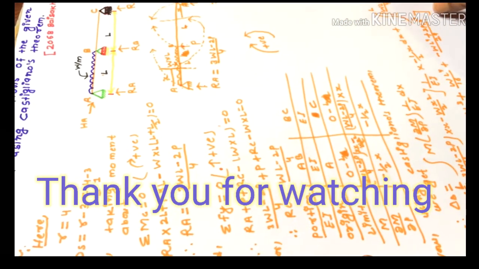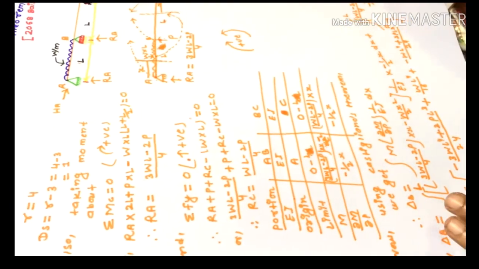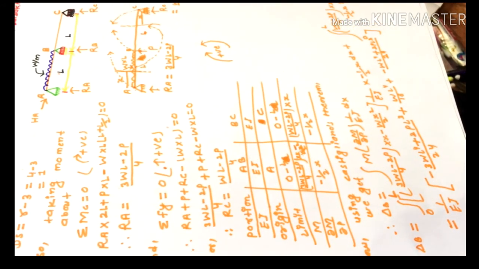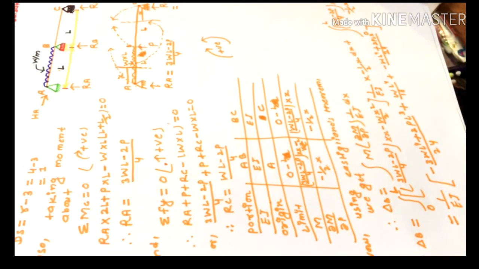In this way you can calculate the support reaction using Castigliano theorem. Here actual deflection at B is 0 because at B deflection is resisted by vertical reaction RB acting at that support.